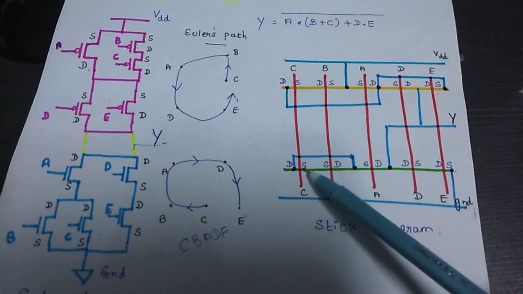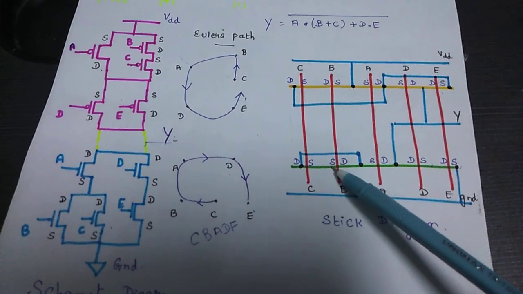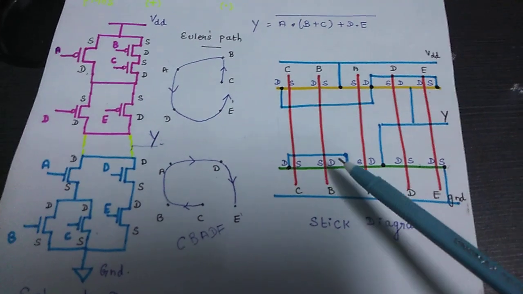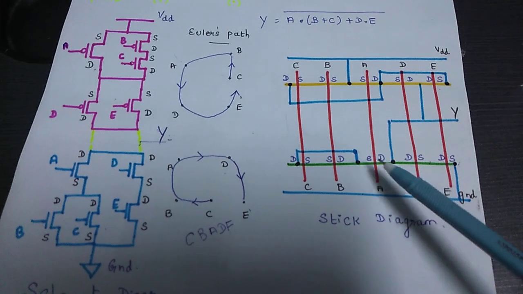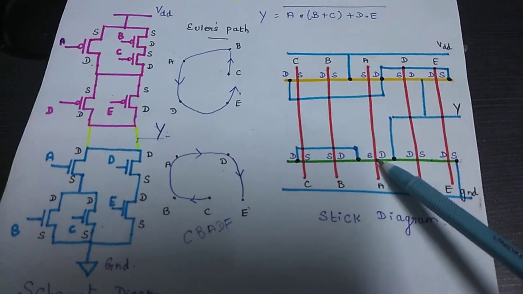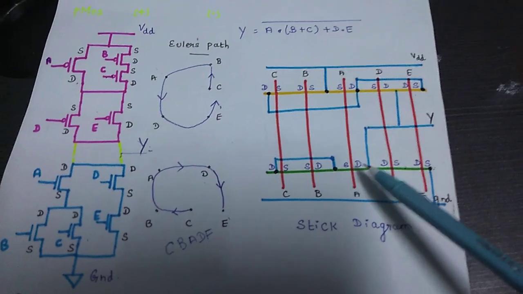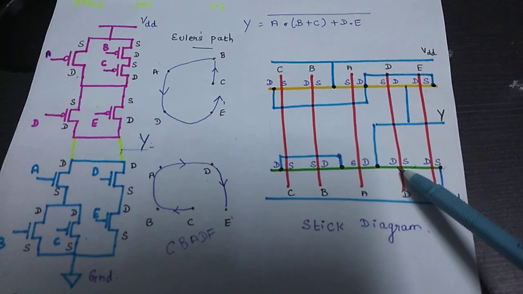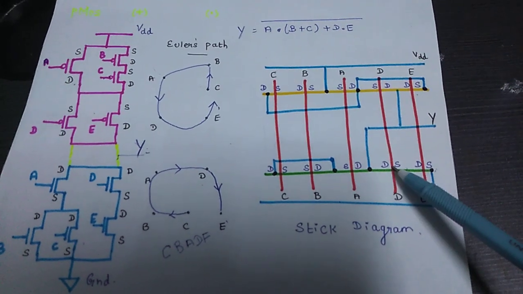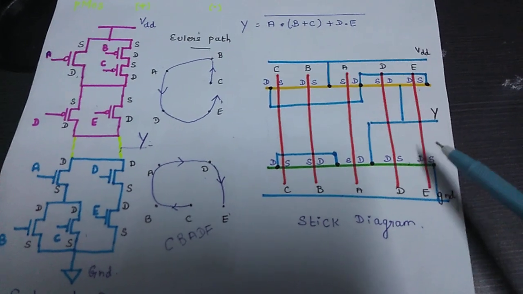That source has to be connected to source of your B transistor. The drain of your B transistor should be connected to drain of your, sorry, A transistor. The drain of A transistor and drain of D transistor has to be connected. Source of D transistor and drain of E transistor has to be connected.